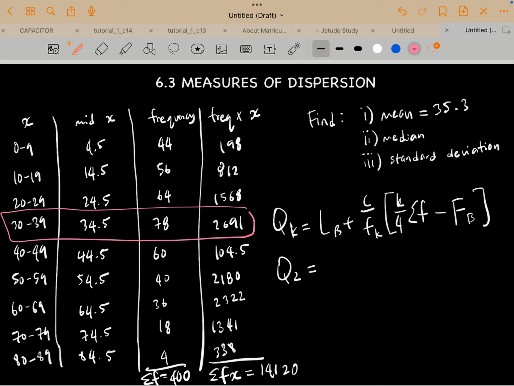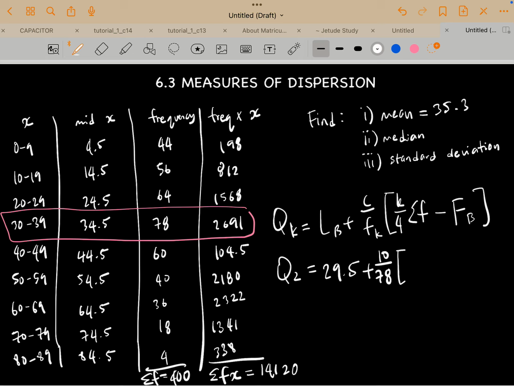So your lower bound should be this part right here. So 29.5 plus C. C is 10, because you're doing 39 plus 40 divided by 2 minus 29 plus 30 divided by 2, so that's 10 divided by the frequency of that section, which is 78.